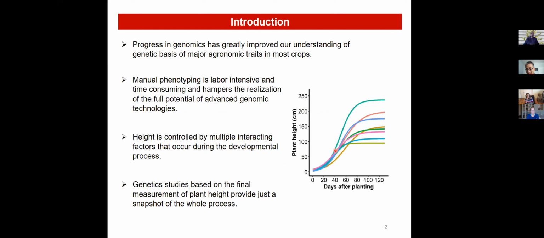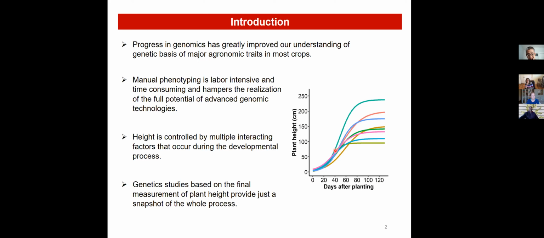So we've made some good progress recently in genomics, and that has greatly improved our understanding of the genetic basis of major agronomic traits. But at the same time, the low throughput of manual phenotyping has remained a bottleneck. An example of this is plant height, where typically we measure the final height, but we actually know that this trait is dynamic.